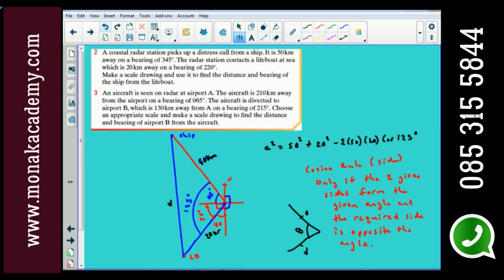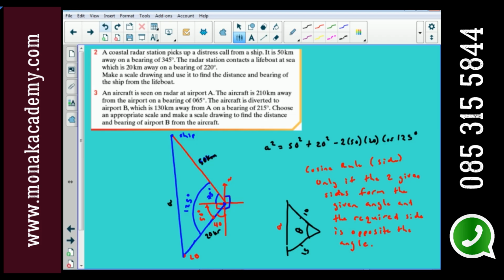So like in this case, you have side 10, side 15, they are forming the angle theta, and what you want is the length of A, which is the one opposite to the given angle.